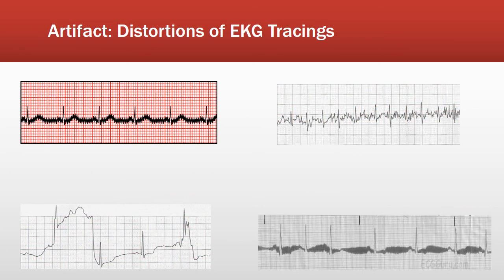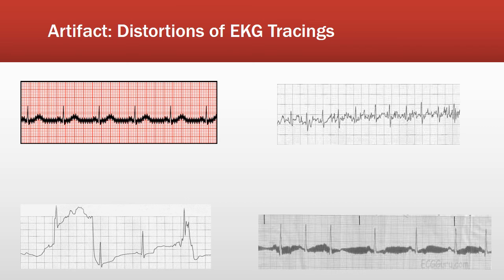Artifact. Some of you may have heard of artifact, and you may think, well, I don't know what that is. So we're going to discuss what it is right now. The top left could be due to old or dry electrodes. So you're not going to get a good picture. You're not going to get a good baseline.